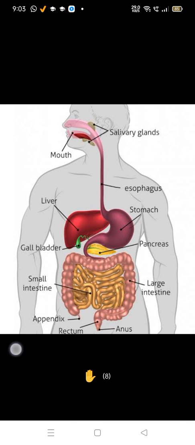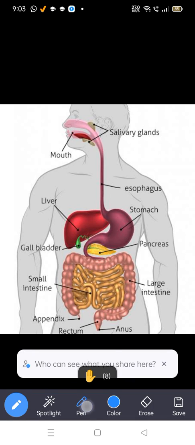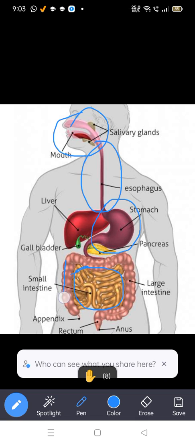Yes. So here this is the mouth, this is the esophagus, this is the stomach. Here this is the small intestine, and the small intestine surrounds the large intestine. This is the large intestine.